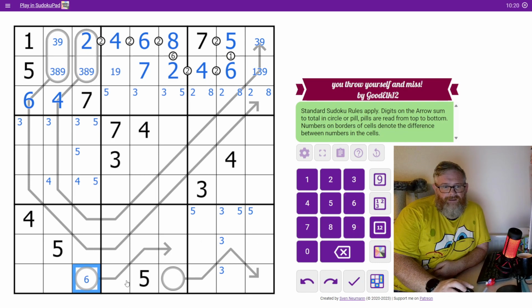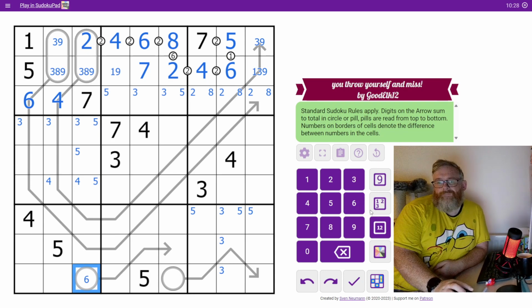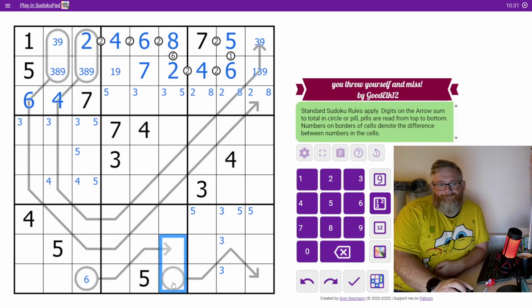Okay, so if they add up to 6, but I've missed something. I've missed that there must be a 4 in one of those 2 boxes, because we've now got 4 here, 4 here.